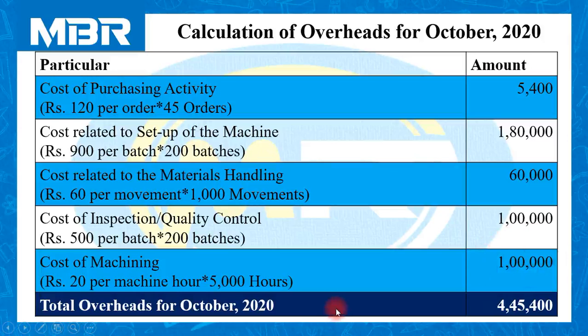It means at the time of calculation of total cost of the product, in addition to the direct cost, that is direct material, direct labor and other direct expenses, we need to add indirect expenses or overheads of rupees 4 lakhs 45,400 in order to decide the total cost of production.